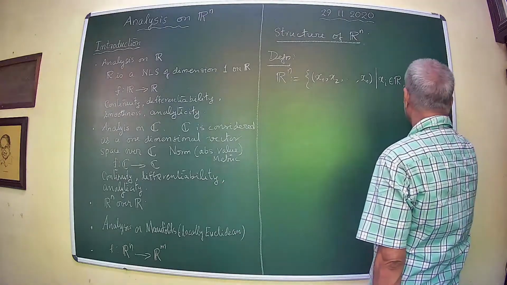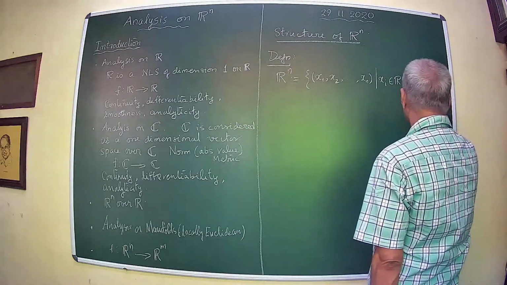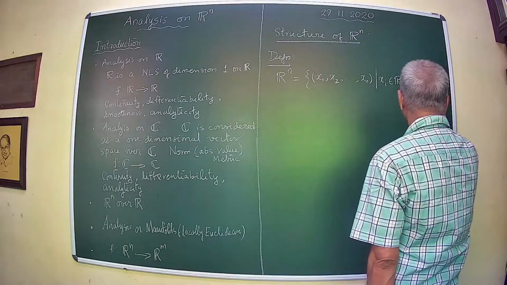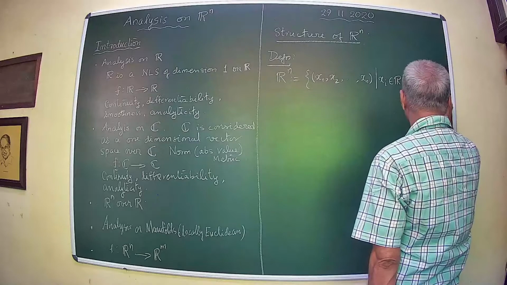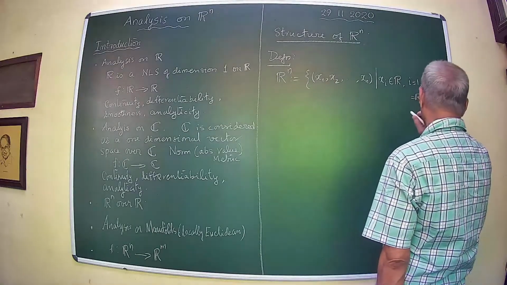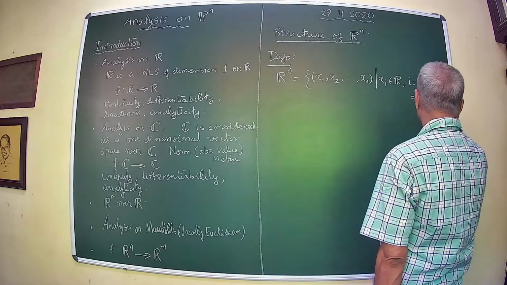So essentially this is R cross R, n times.